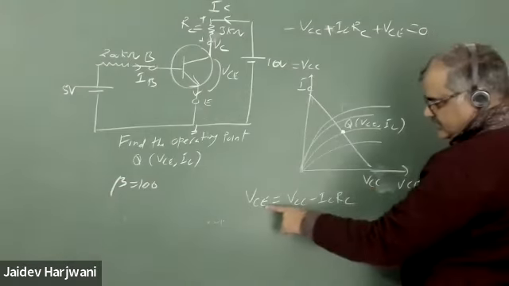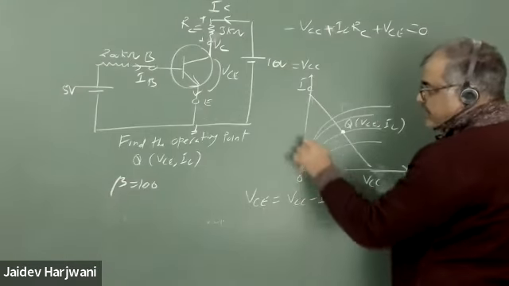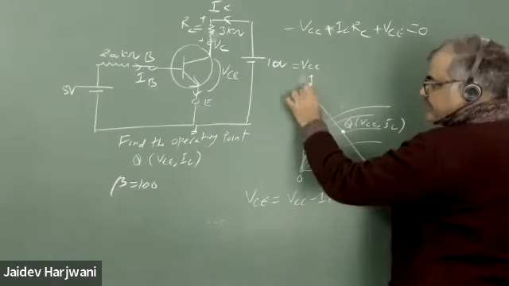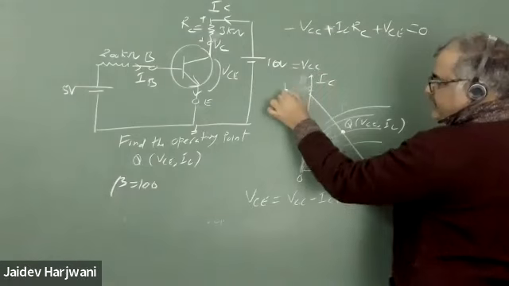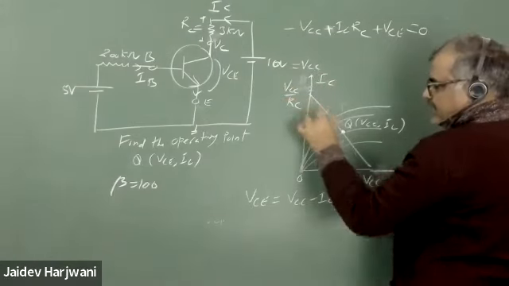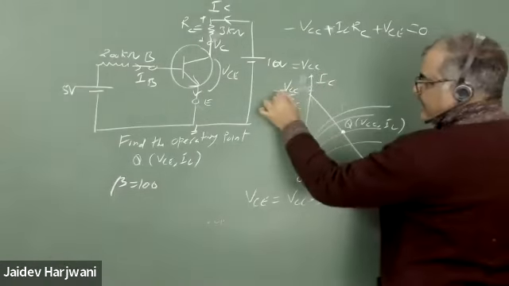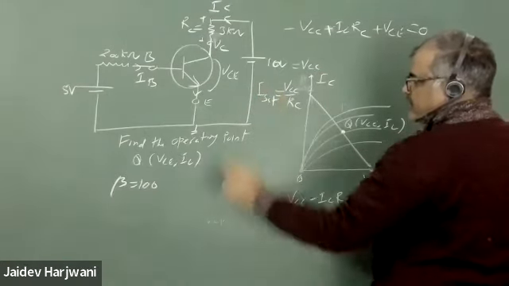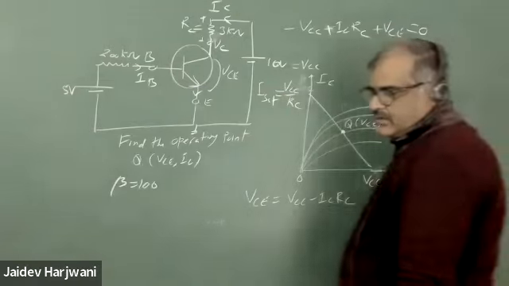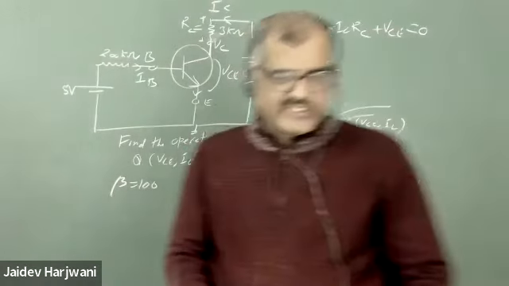Similarly, if you put VC as 0, then at this point whatever IC is there will become VCC upon RC, and that is called your I saturation current. What do you mean by I saturation current?